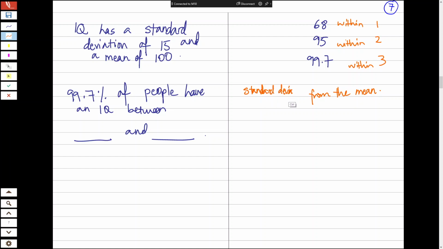Standard deviations. Is that what you wanted us to say? Yep. So 15 is the standard deviation, and I'm using 99.7%. So the third one. 15 times 3 is 45. So now I just need to do 100 minus 45 and 100 plus 45 to get me my two numbers.